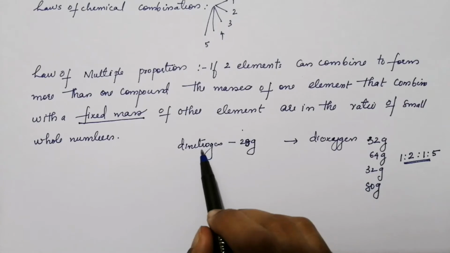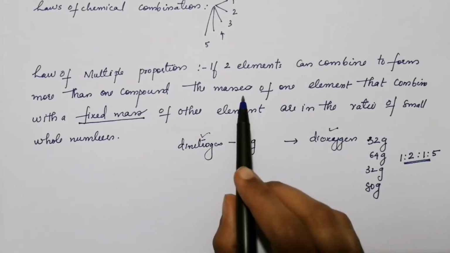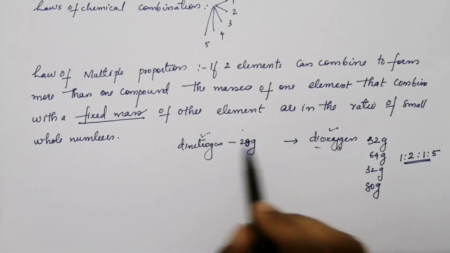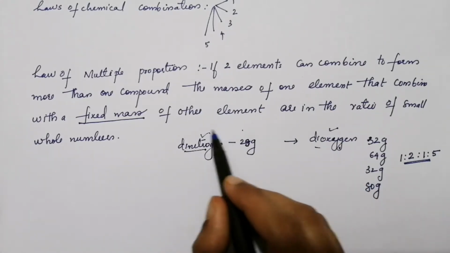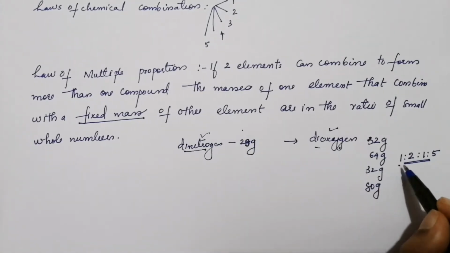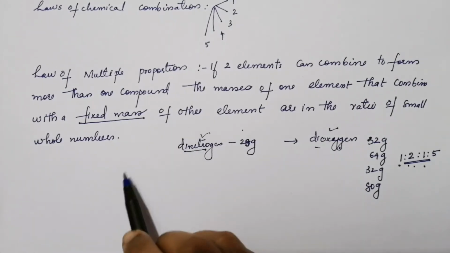So here we have two elements, dinitrogen and dioxygen, combined to form compound, wherein we have the mass of one element, that is dioxygen, that combined with the fixed mass of the other element, that is dinitrogen, to be 28 gram. They are in the ratio of the whole numbers 1:2:1:5. So this data obeys the law of multiple proportion.